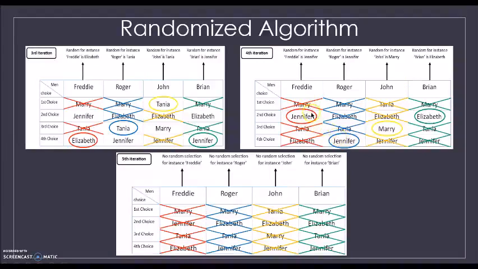Like Freddie chooses Jennifer, Roger chooses Jennifer, John chooses Mary, and Brian chooses Elizabeth. The problem with this algorithm is it might end up like Freddie and Roger still competing for the same lady, Jennifer. So this is the drawback of this algorithm.